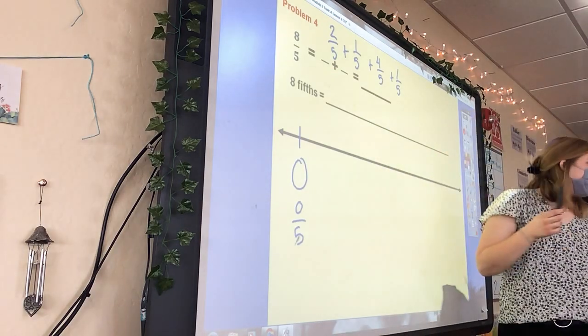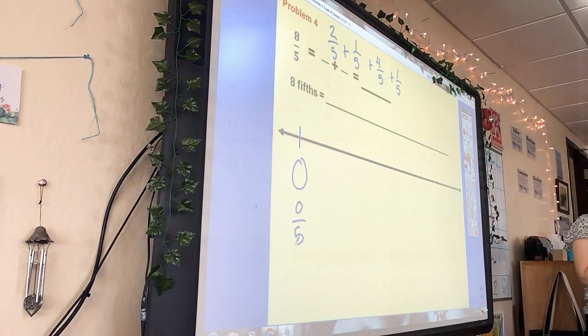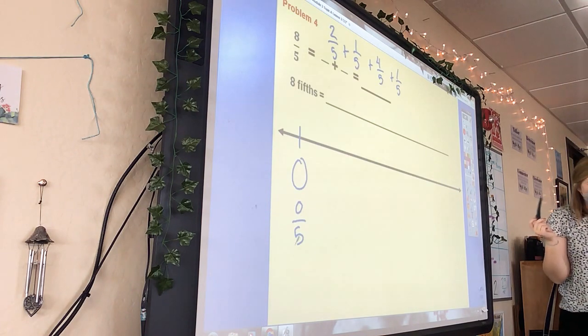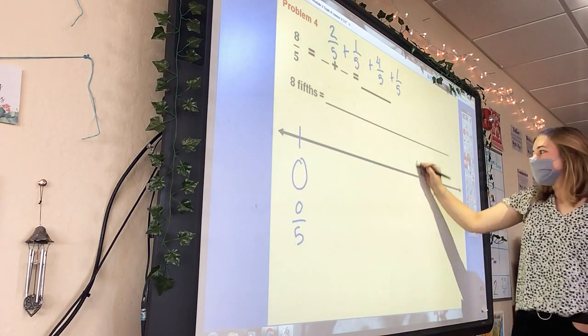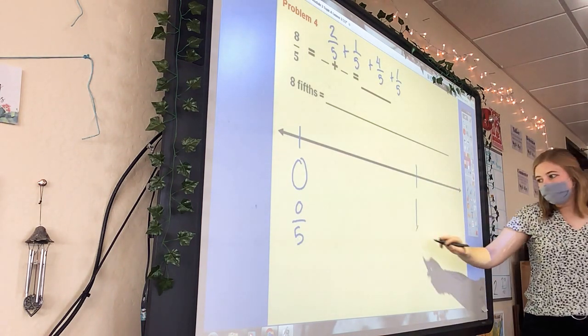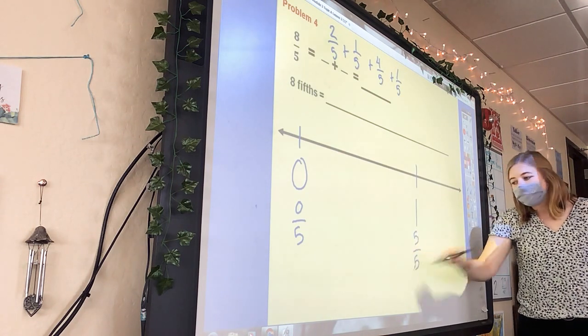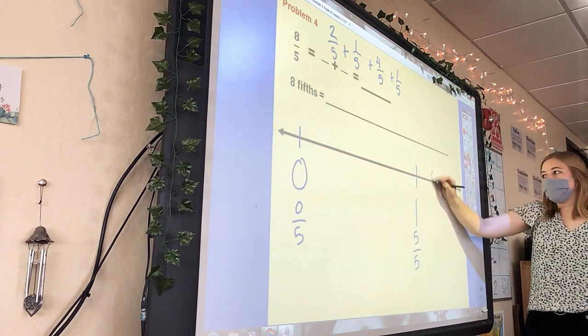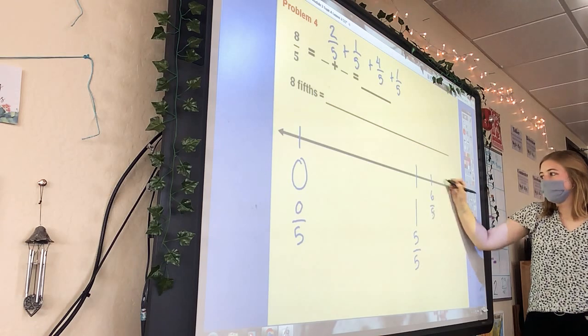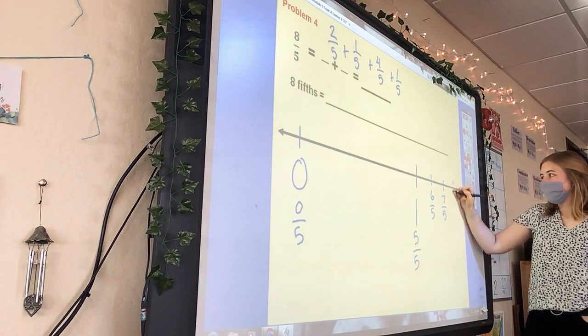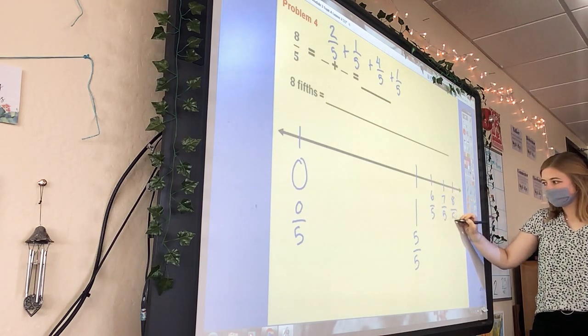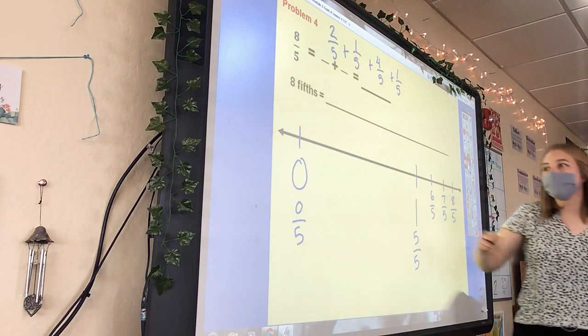Good. Class, improper fraction means it's going to be what? More than 1 whole. So that means we've got to have 1, which is 5/5, and so it's going to be a little bit bigger than 1. All right. So we're trying to get to 8/5.